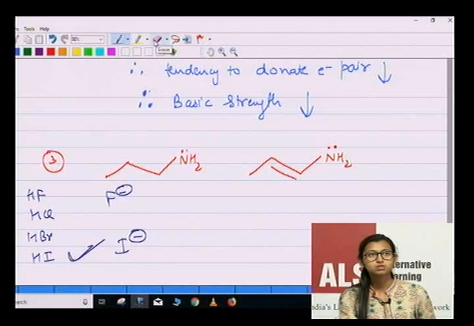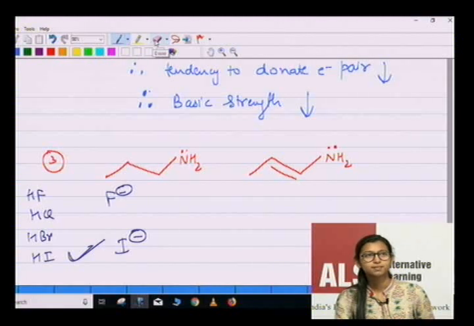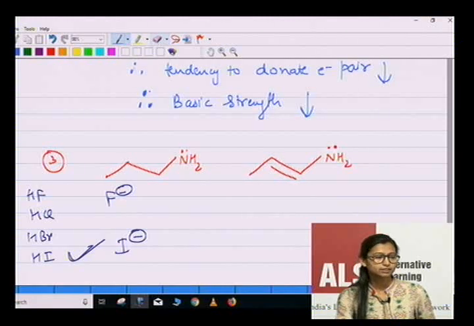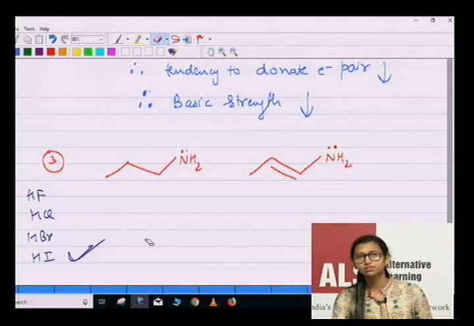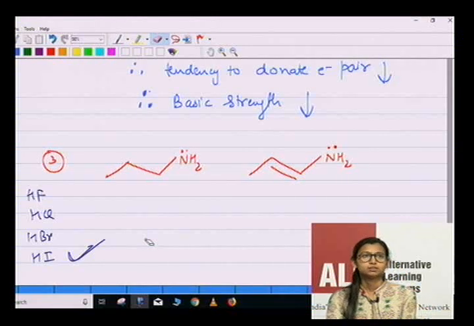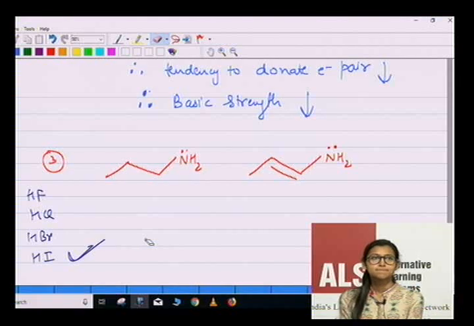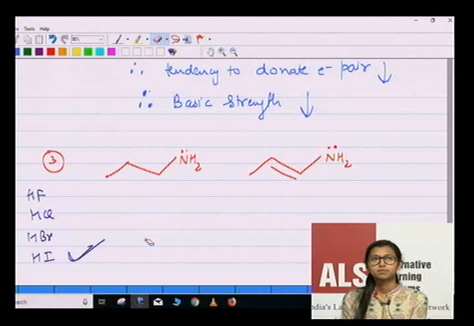Erini is confused. Take your time, then tell me if it is clear. Down the group, actually acidic strength increases, but the basic strength will not increase, okay? You can just check it.